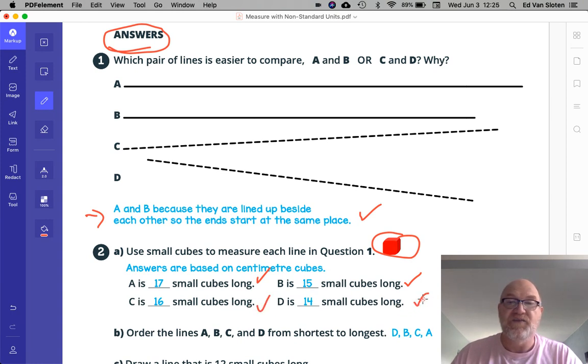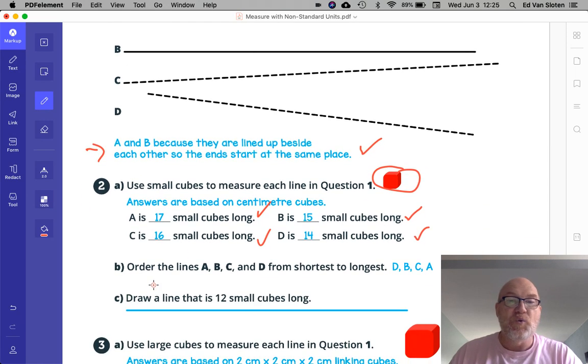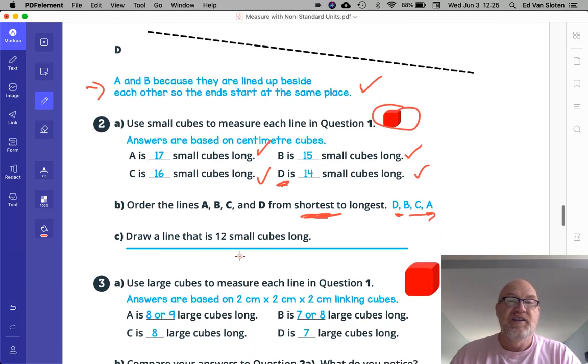And D is 14. So with my cubes, I think B and C came almost to the same length. Order the lines from shortest to longest. So this guy is shortest, he goes first, and we carry on DBCA.